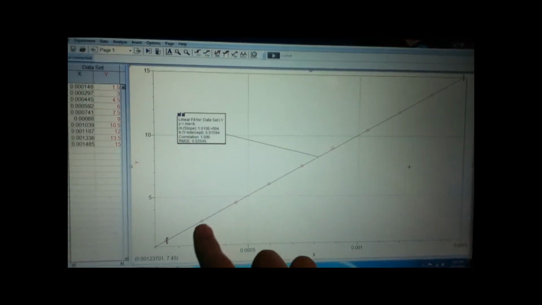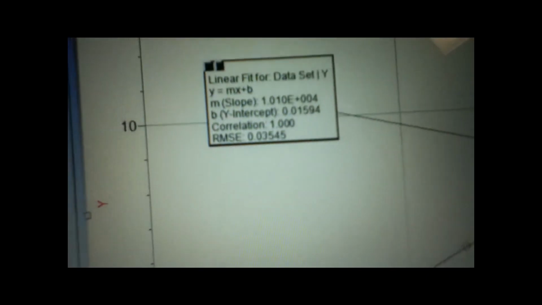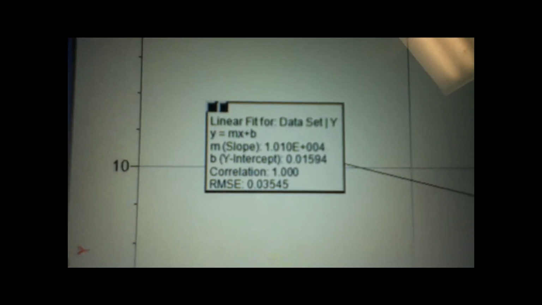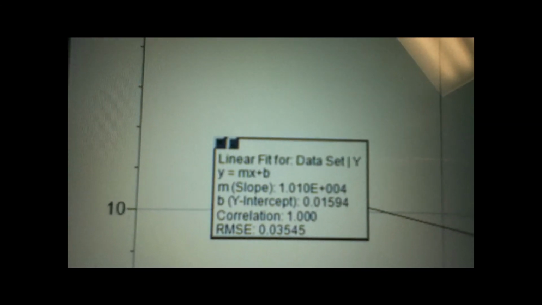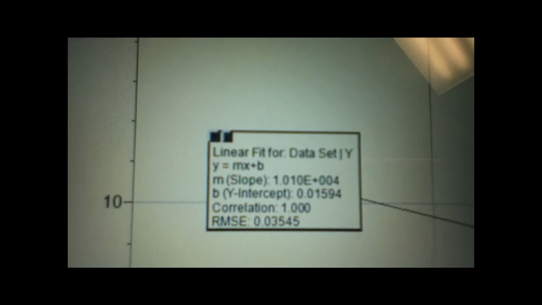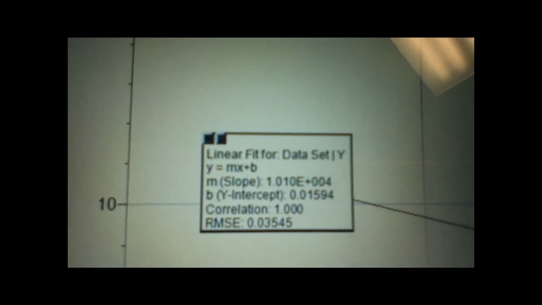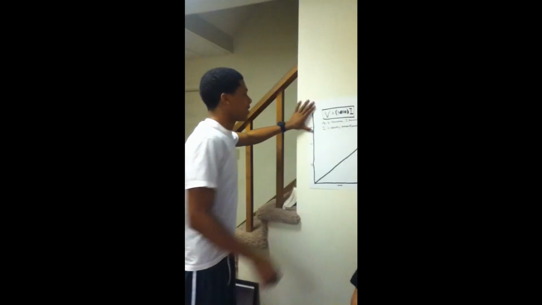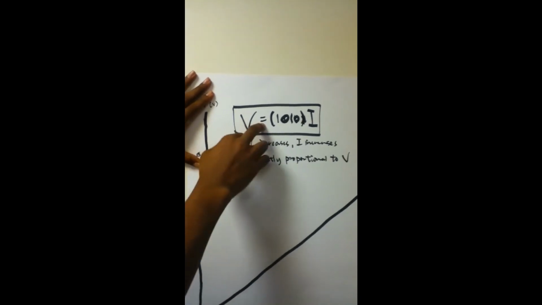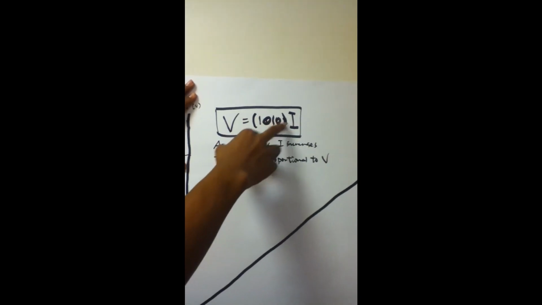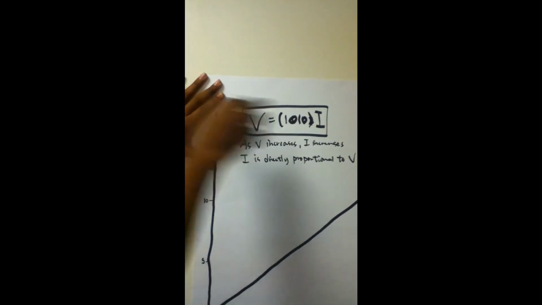And we use this data to make a graph, and we also use Logger Pro to find the slope, which is about 1010. This is our mathematical model from Logger Pro: V equals 1010 times I.